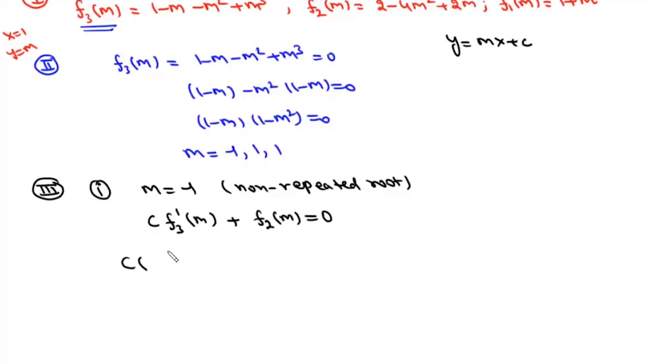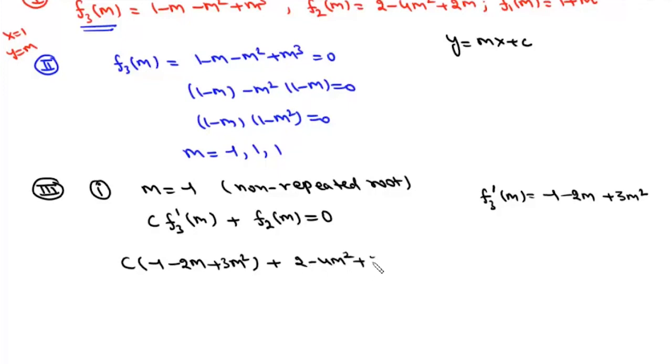Now this is c into, now what is f3 dash of m? It will be minus 1 minus 2m plus 3m square. So that's your f3 dash of m, plus f2 of m, and f2 of m is 2 minus 4m square plus 2m equals 0.